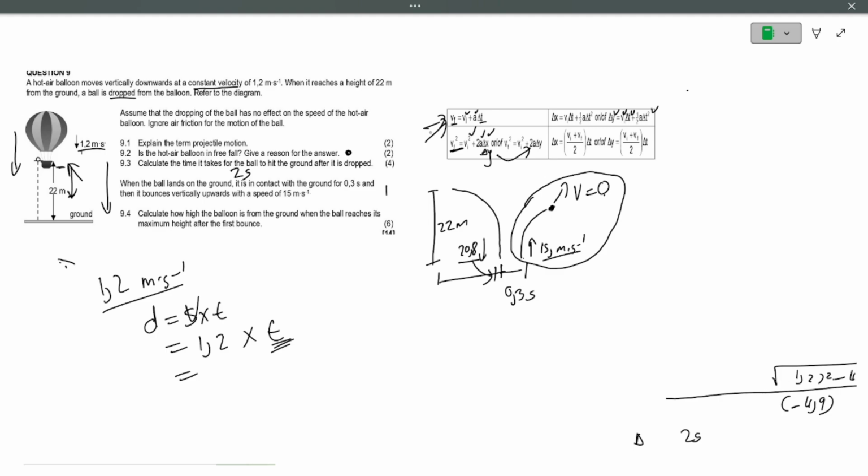So we must get the time it took from the ball being thrown to the point the ball reaches the maximum height.